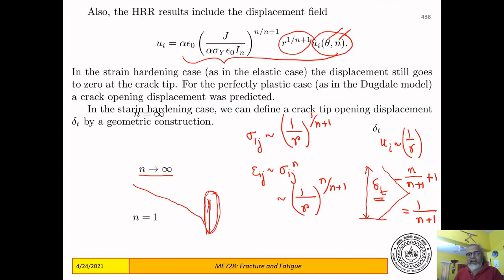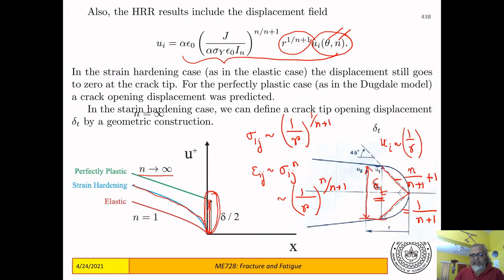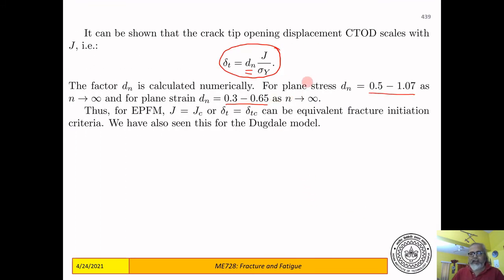Now, since J and delta t are linearly related, as this equation shows, we can also envisage that delta t going to delta tC is also a viable condition for crack growth in the elastoplastic case. So we can either write a crack growth criterion in terms of a critical crack opening, or we can write a criterion in terms of a critical value of the J integral.